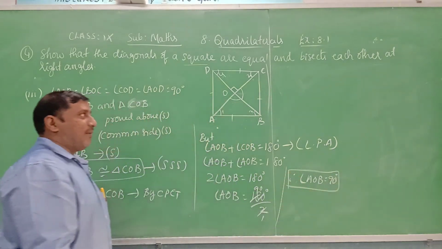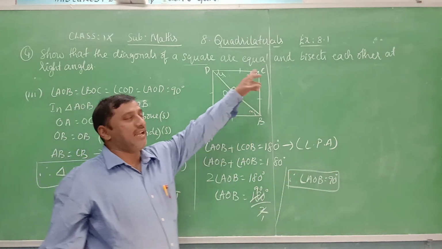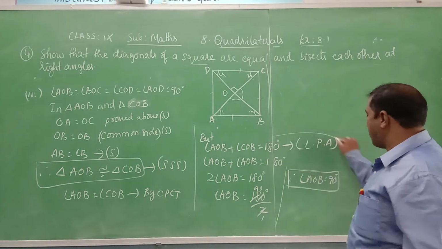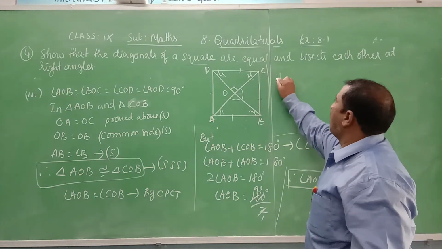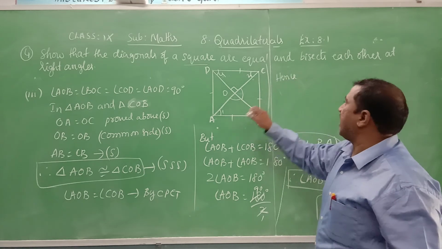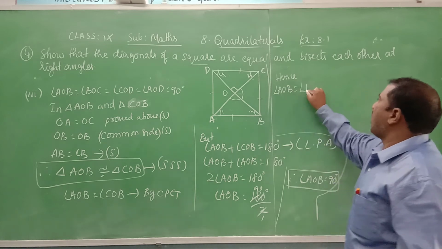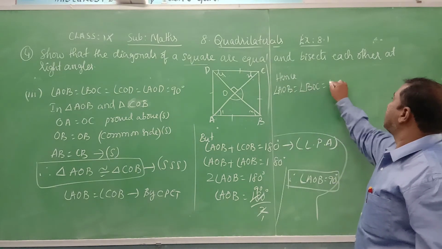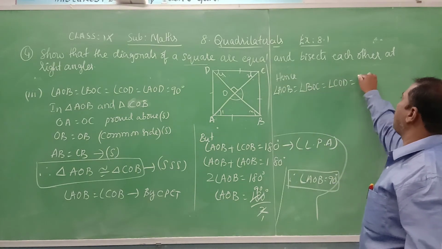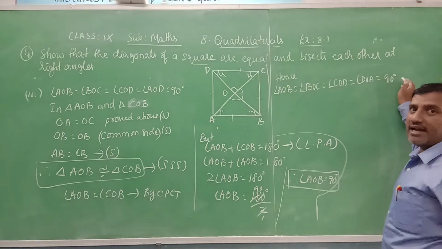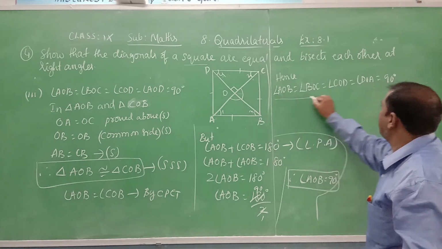Now, angle AOB is 90 degrees means angle COB is also 90 degrees as a linear pair of angles. So finally, what can we write? Hence, all the 4 angles are equal to 90 degrees. That is, angle AOB is equal to angle BOC, equal to angle COD, and angle DOA is equal to 90 degrees. So like this, we will write.